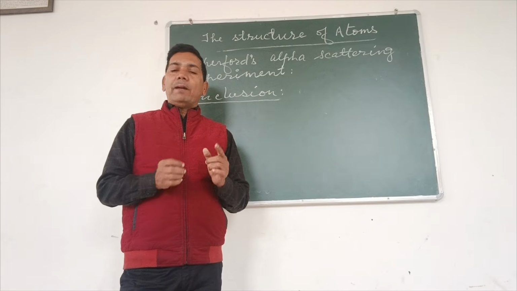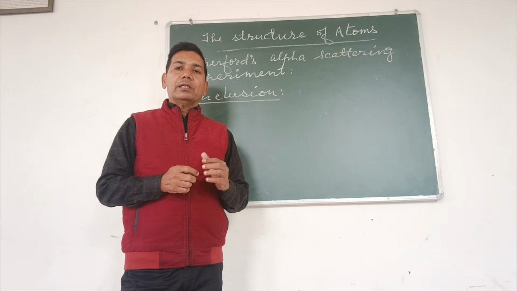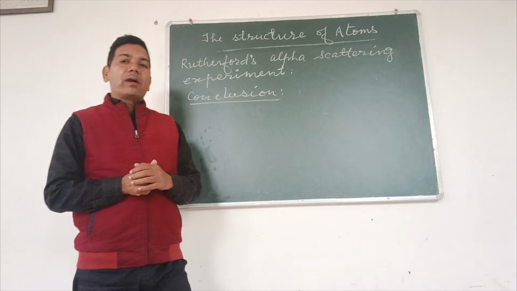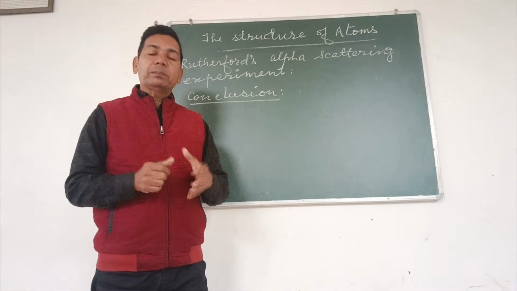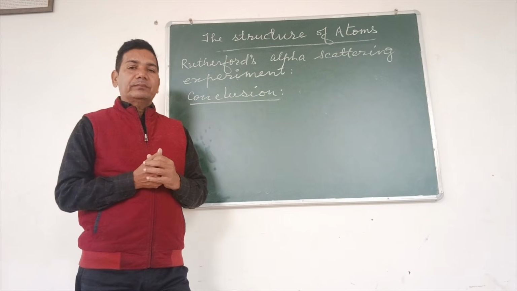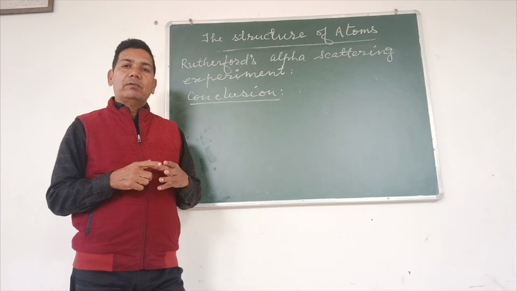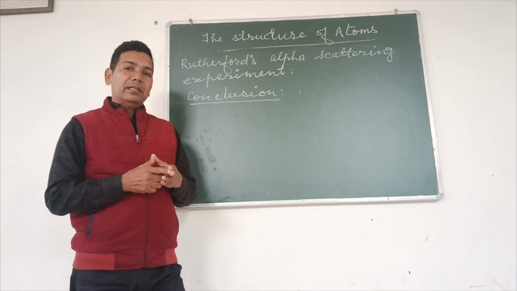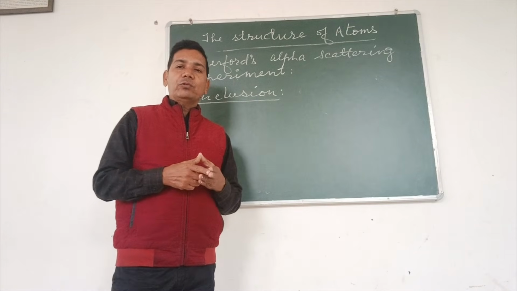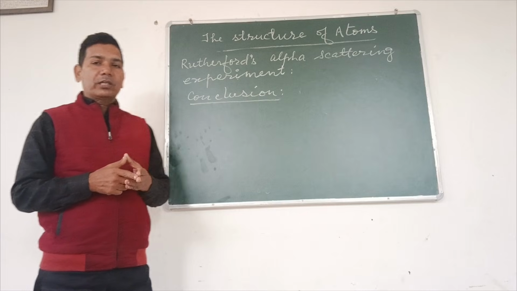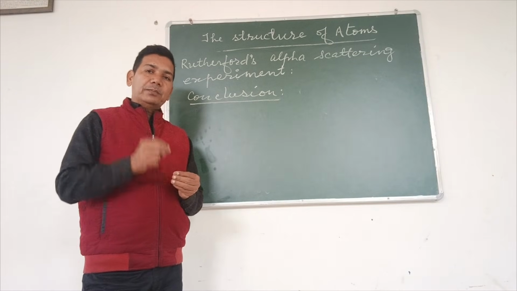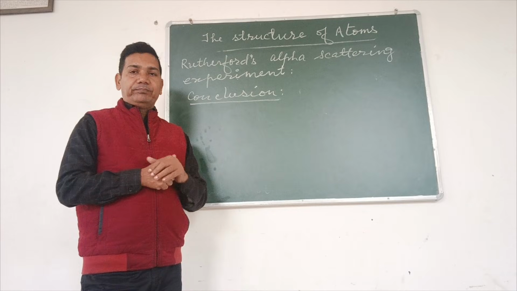So alpha particles got repelled by the positive charge inside the atom, because alpha particles were positively charged. It was already known, and as there was a repulsion due to which alpha particles got deviated, it meant that there is positive charge inside the atom.